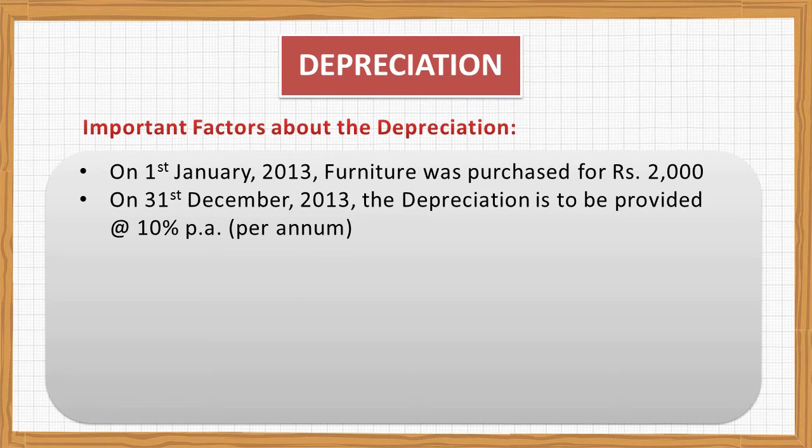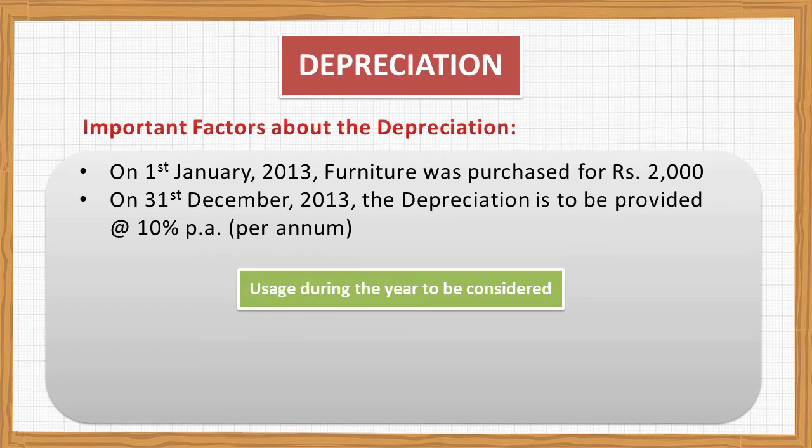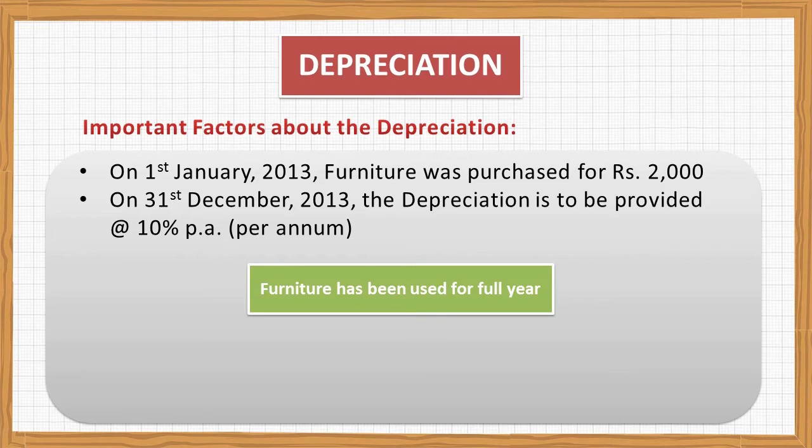So when the depreciation is per annum, you have to take care of the use during the year. Because today is 31st December 2013 and this furniture was purchased on 1st January 2013, the furniture has been used for the whole year, 12 months or 1 year. So you have to provide the depreciation for the whole year.